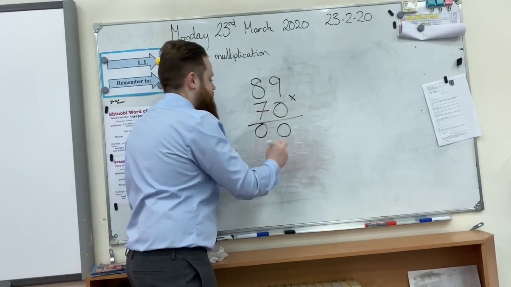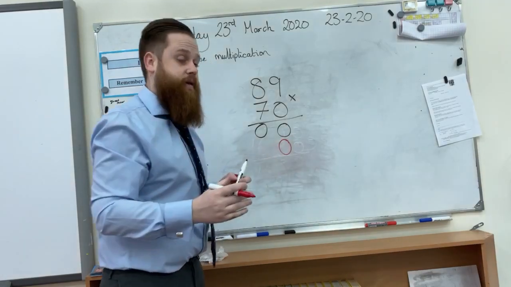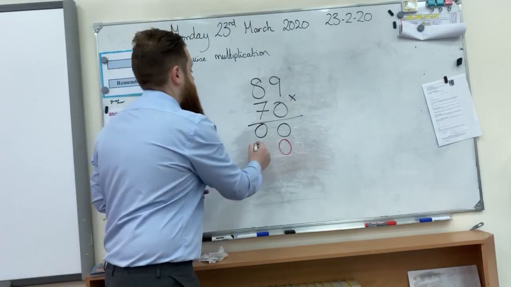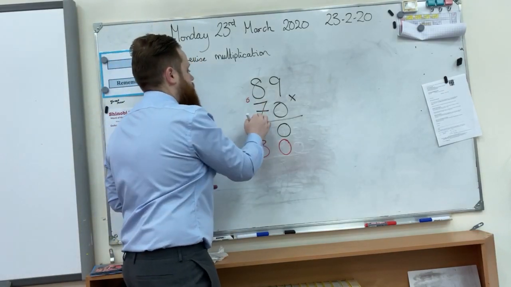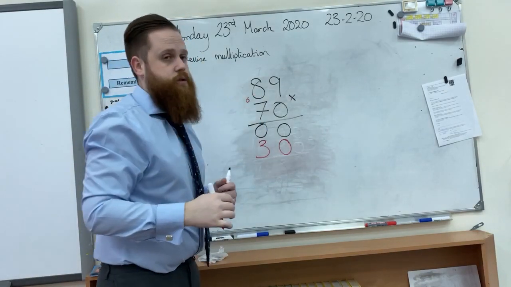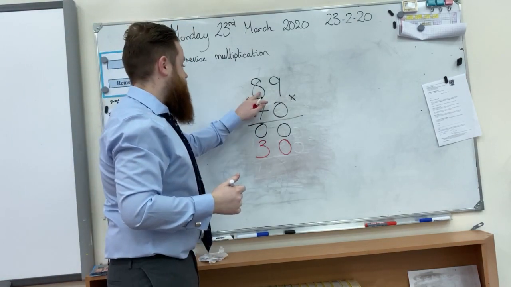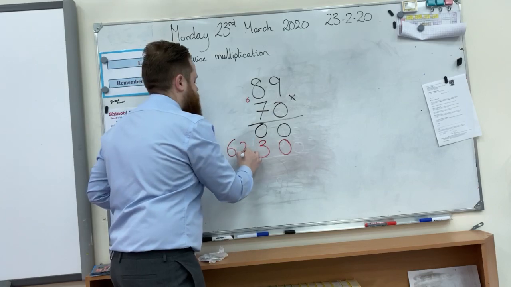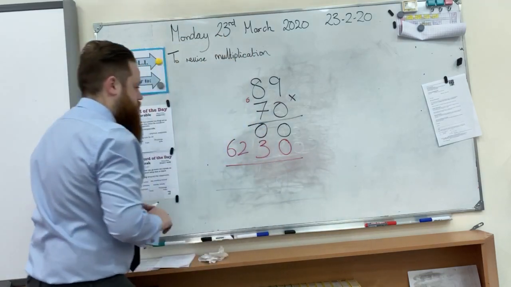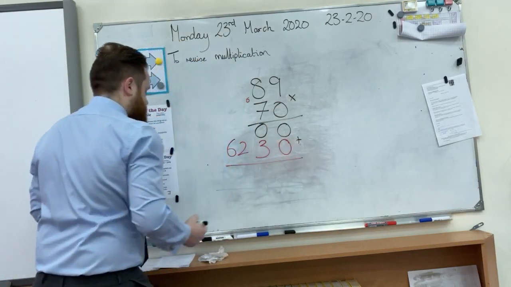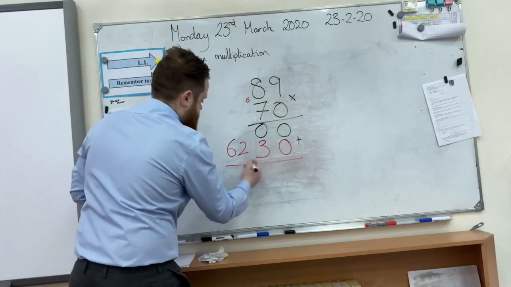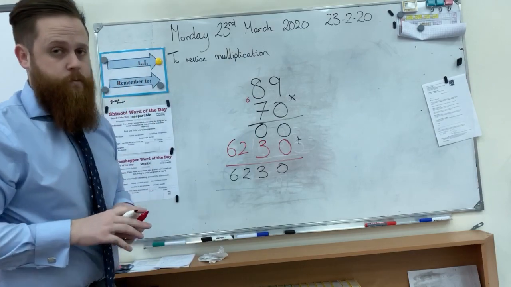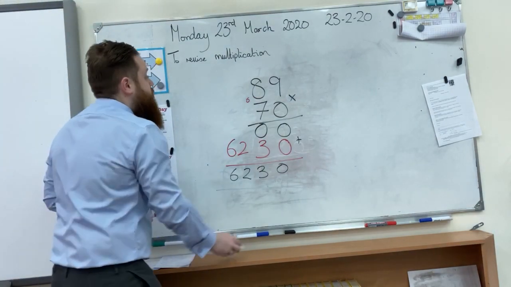So straight in there, that's 0, to hold it as a 10. 7 times 9, 63. 7 times 8, you should know it's 56, plus a 6 is 62. Now, add these together, and that should give you the answer of 6,230.